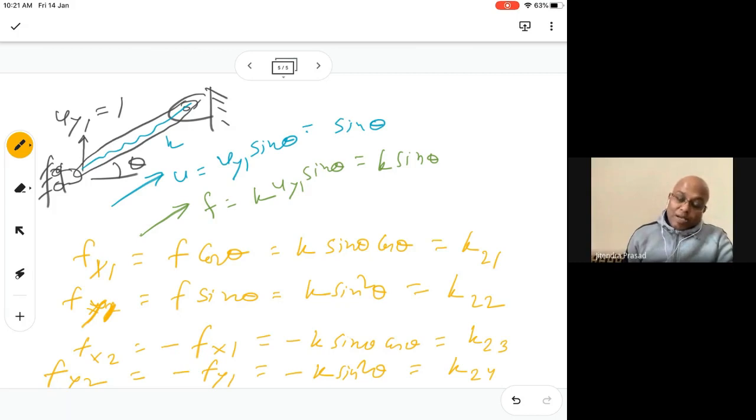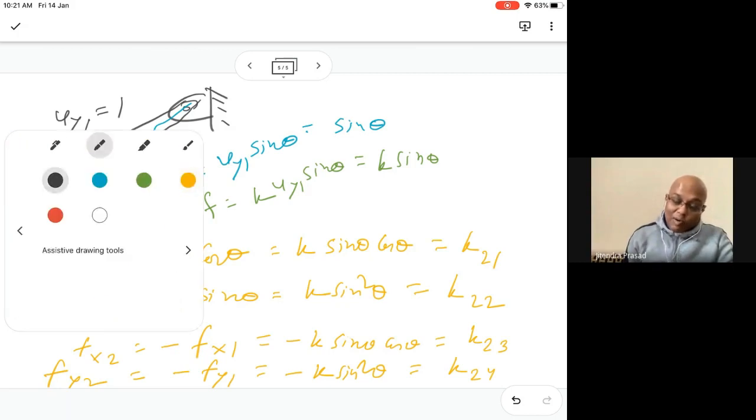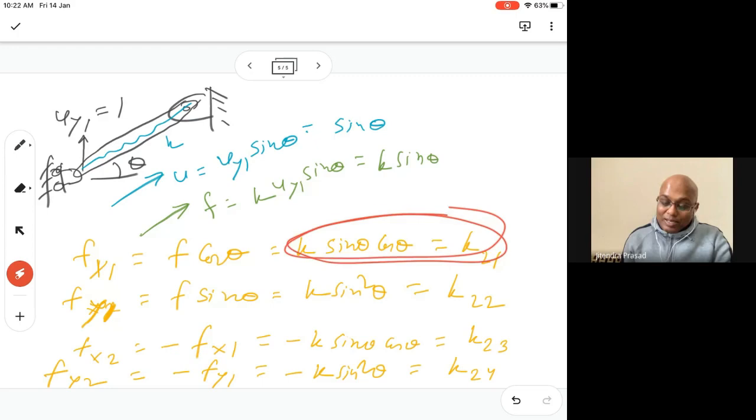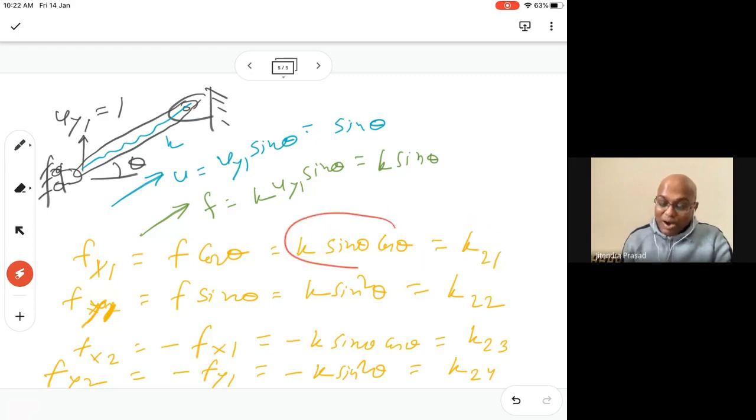Yeah. So now these values we will go back and put in. We already have put this K sine theta cos theta. Since this is symmetric, you will find that it is already there. Then we have K sine square theta, then minus this, and then minus K sine square theta.